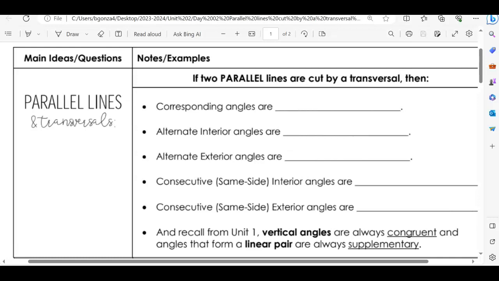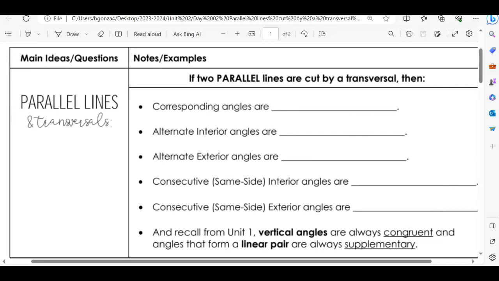Now, go and write this down. Corresponding angles. By the way, yesterday we talked about two random lines being cut by a transversal. Today we're talking about specifically what kind of lines? Parallel lines cut by a transversal. So today is if the parallel, then what? Let me tell you.